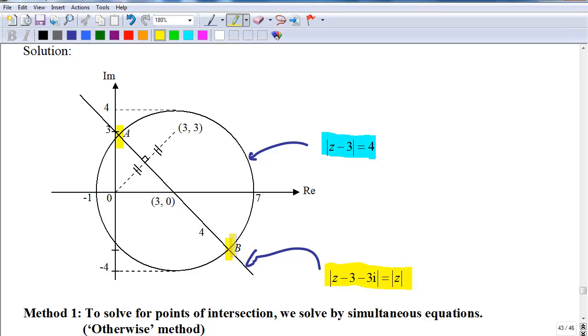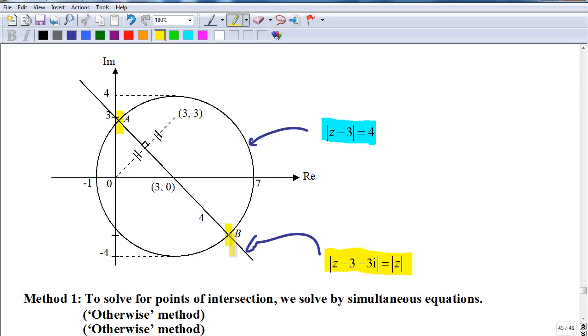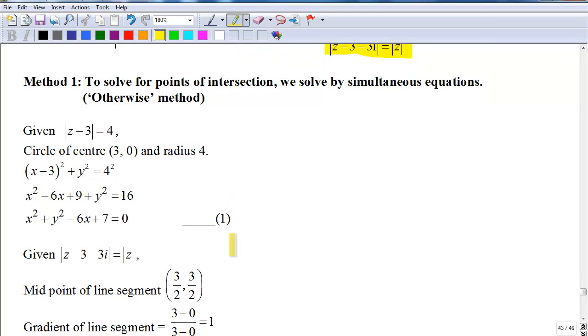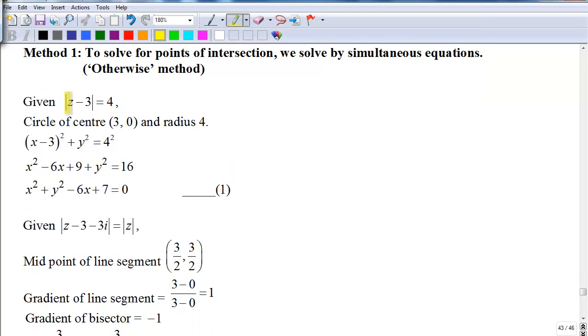Now there are two ways to find A and B. The first way is to just use simultaneous equations and solve, meaning you write down the equation of the circle in terms of its Cartesian variables. Mod z minus 3 equals 4, as I said earlier, is a circle with center 3, 0 and radius 4.